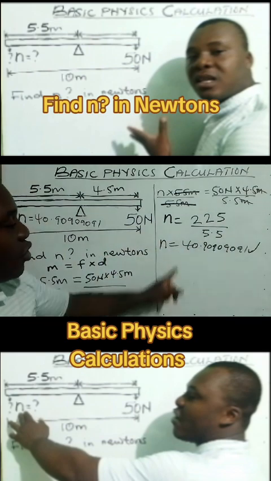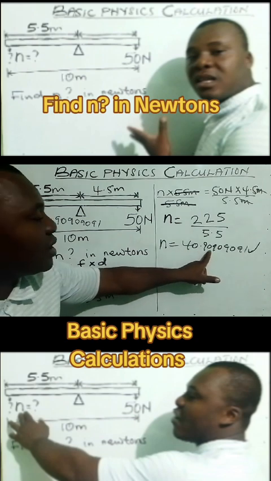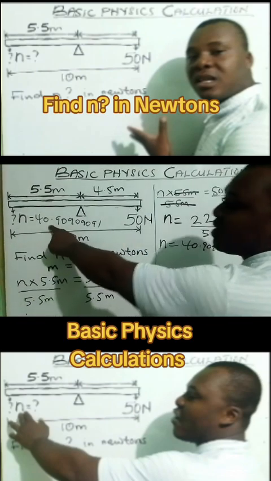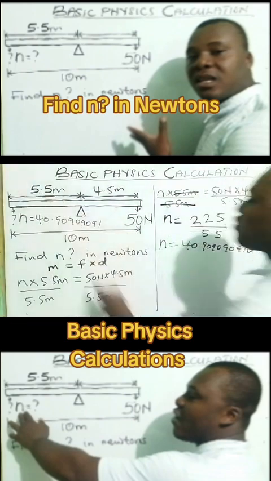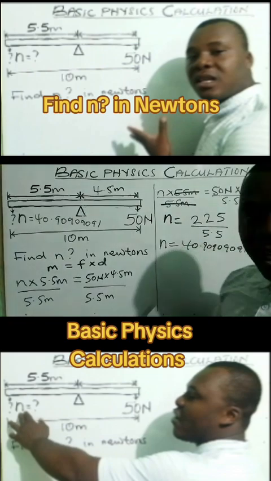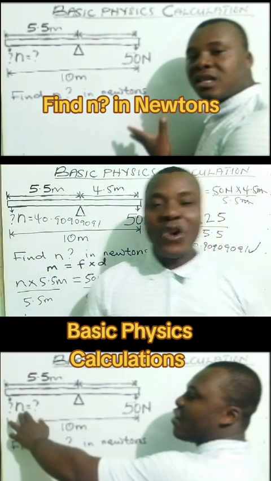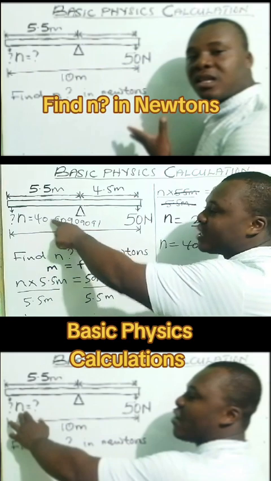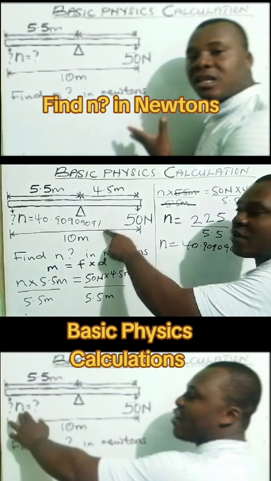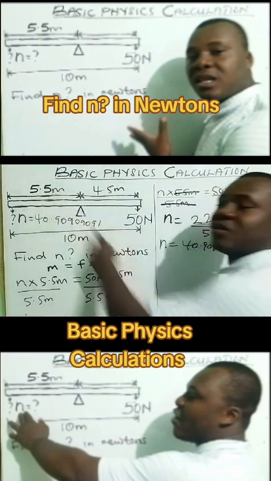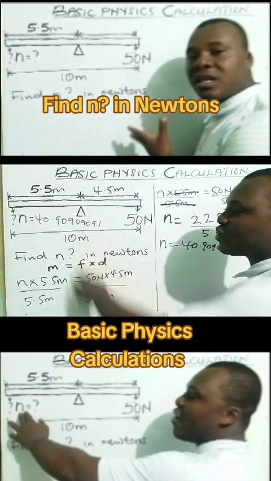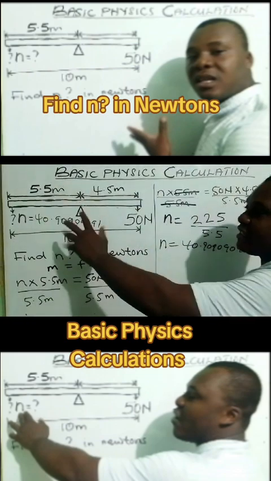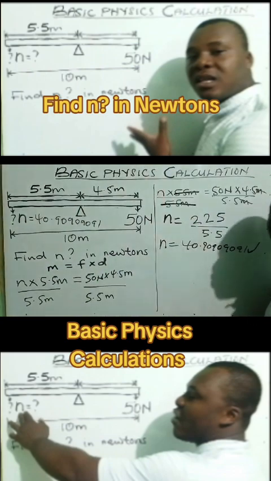When you multiply this n, 40.90909091, by 5.5, you are going to get 225. Just do it on your calculator. If you get the answer, drop it below in my comments. You will get the same answer. So the moment here will be 225, and the moment here will be 225.